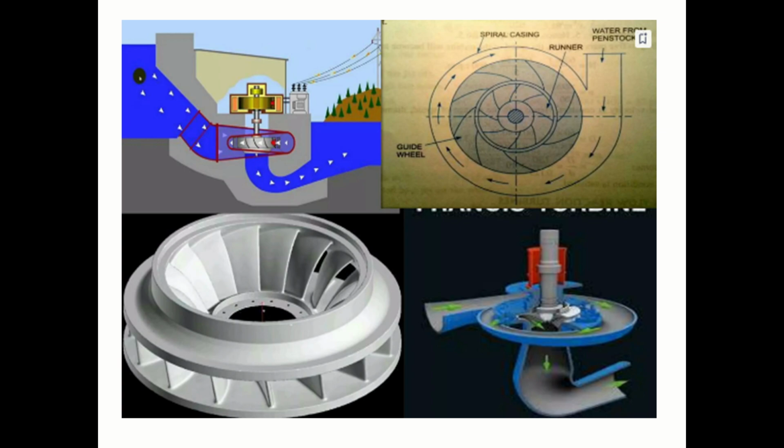And the design procedure. There are 7 steps in Pelton wheel. If you remember those 7 steps of the design of Pelton wheel, any kind of problem given on the Pelton wheel, you can answer very clearly without any doubt. I'm going to teach you that in the next video.